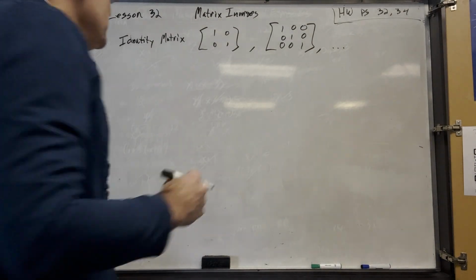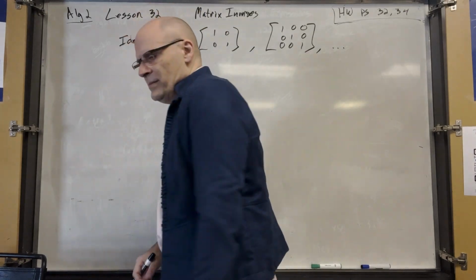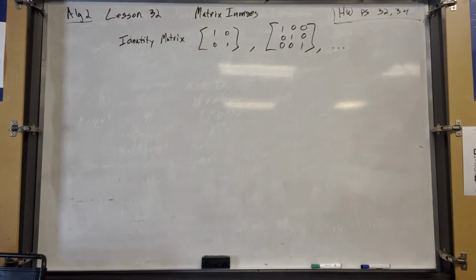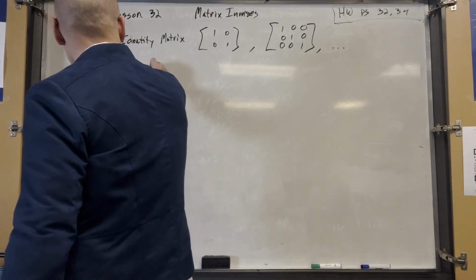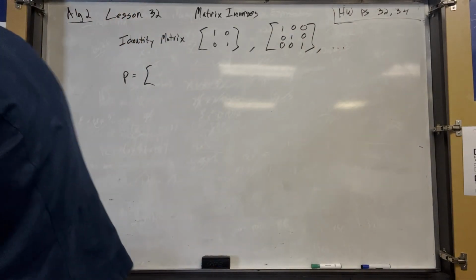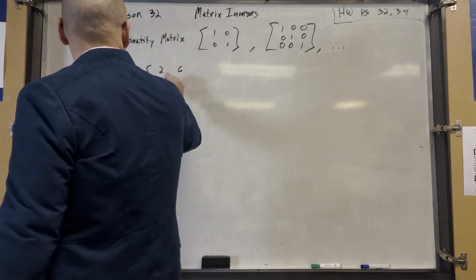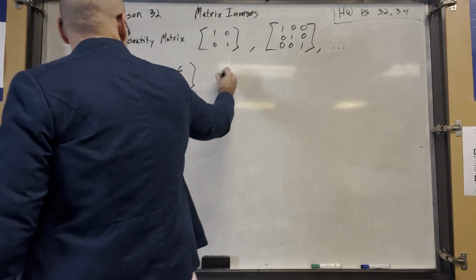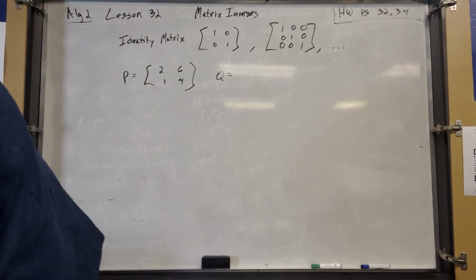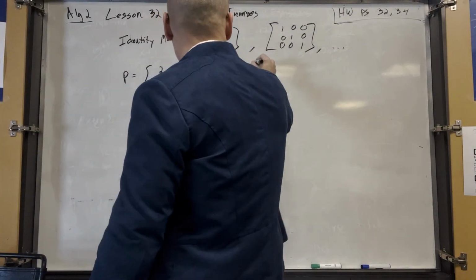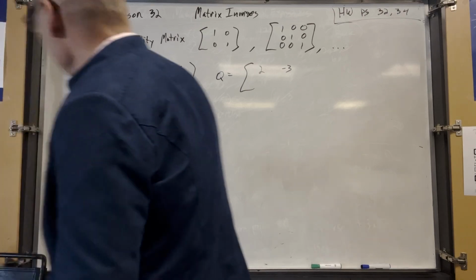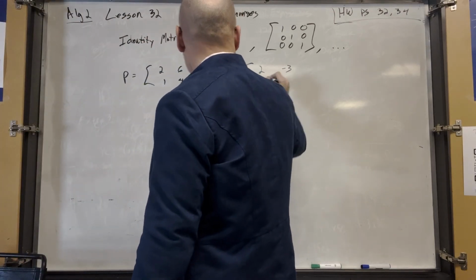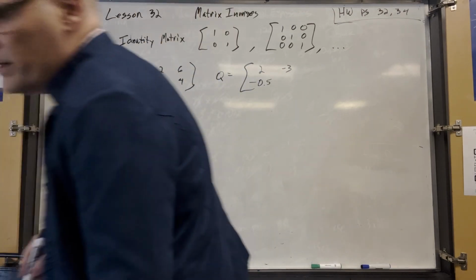So here's what happens. They start with a couple different examples, verifying inverses. Let's try P and Q. Let's say P equals 2, 6, 1, 4, and Q equals 2, -3, -0.5, and 1.